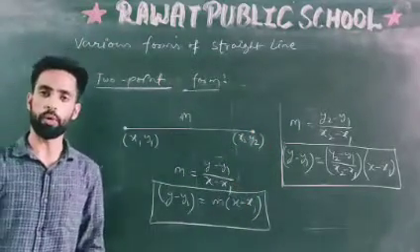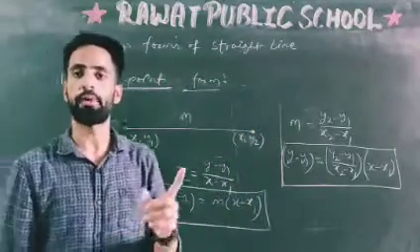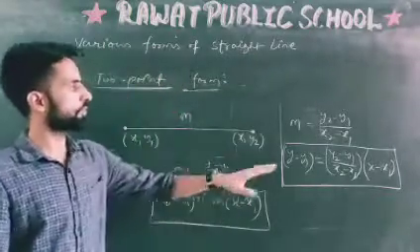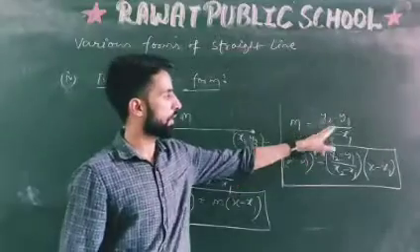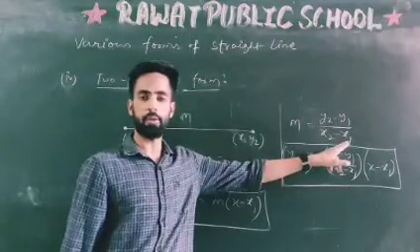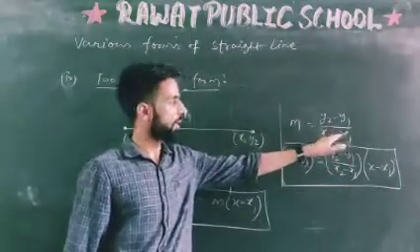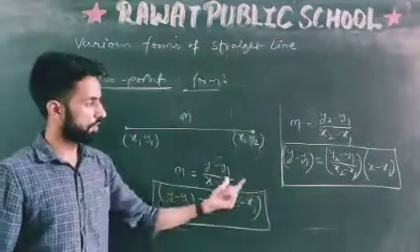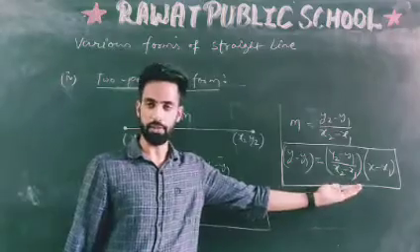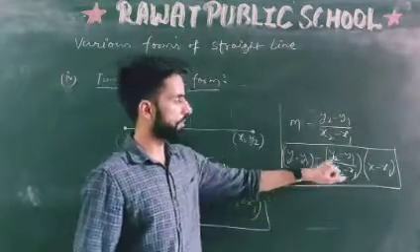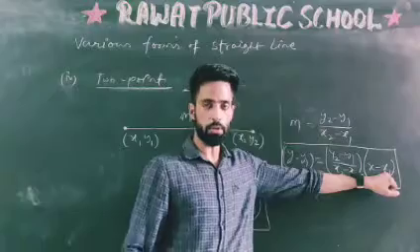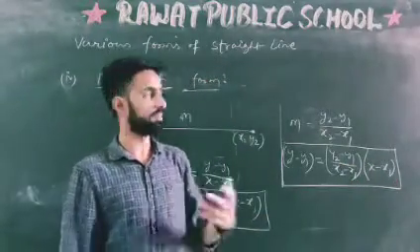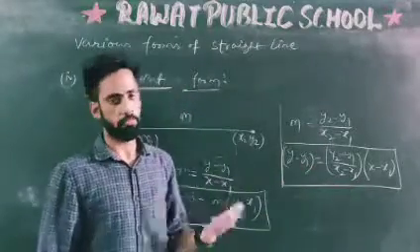This is the equation of a line which is passing through two points. So first we find the slope, y2 minus y1 upon x2 minus x1, and then we put the value of this slope in the equation. (x1, y1) is passing point number 1, (x2, y2) is passing point number 2. We find our slope, put it back, and we get the equation.